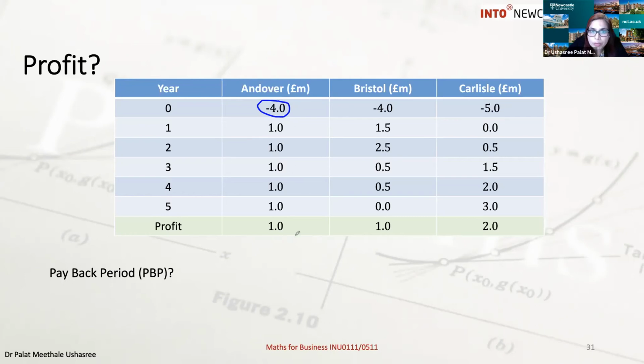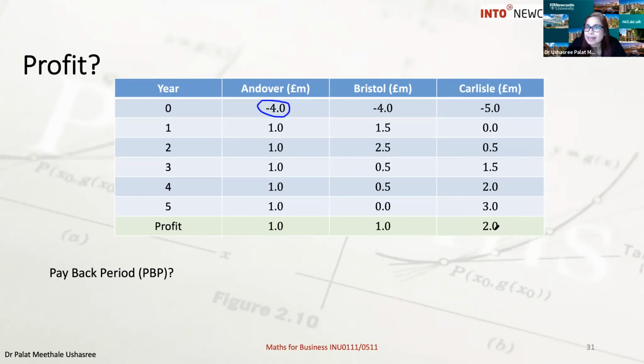So what is the profit you make here? You have -4 plus 5, which is 1. Here you have -4 plus 1.5 plus 2.5 plus 0.5 plus 0.5, which gives you 1. And here you have -5 plus 0 plus 0.5 plus 1.5 plus 2 plus 3, which gives you 2.